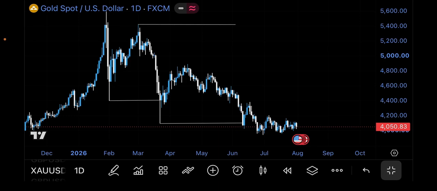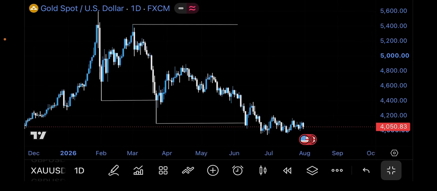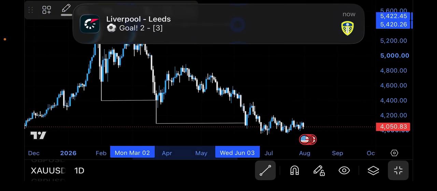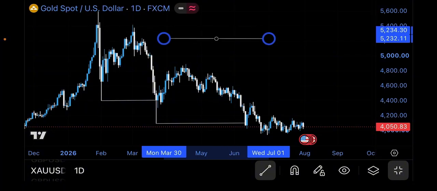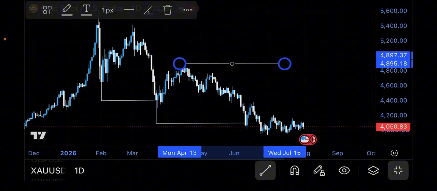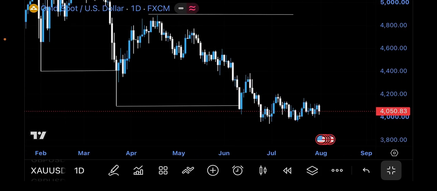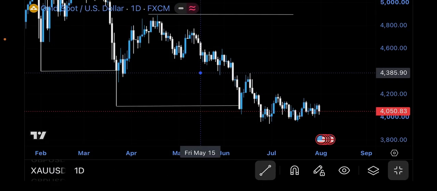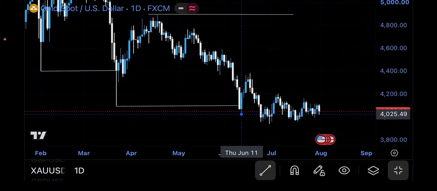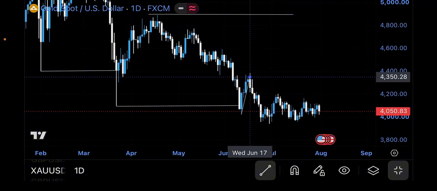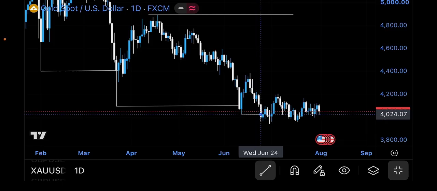If this is another break of structure, this will no longer be our swing high. Our swing high will now come to this point. Now if this is a break of structure, another pullback occurred here. As you can currently see, another pullback occurred here, another pullback occurred here, and another break of structure.